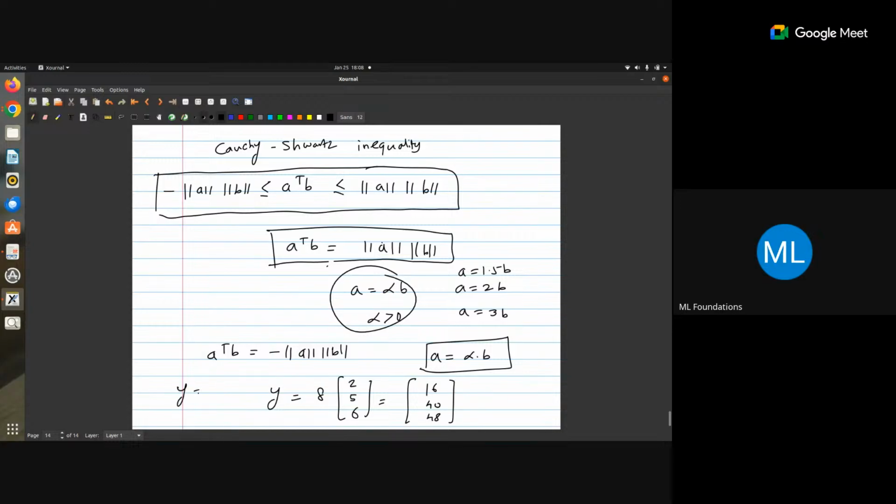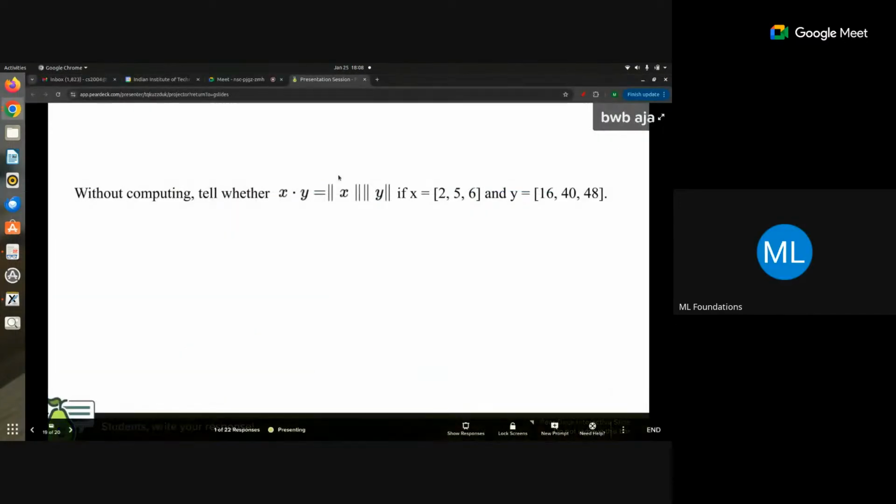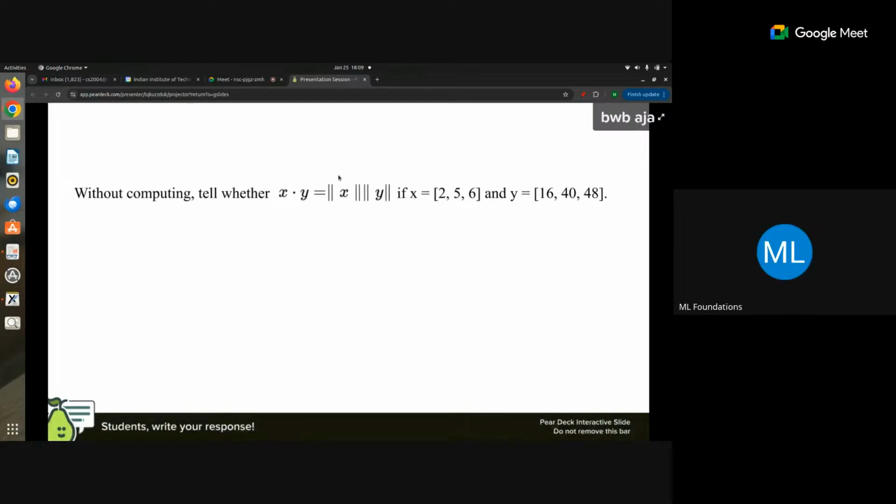That means y equals 8 times x. This is the same as the Cauchy-Schwarz equality, cos 0, which becomes 1, because they are on the same line. So if I just multiply their lengths, I get the dot product between them.